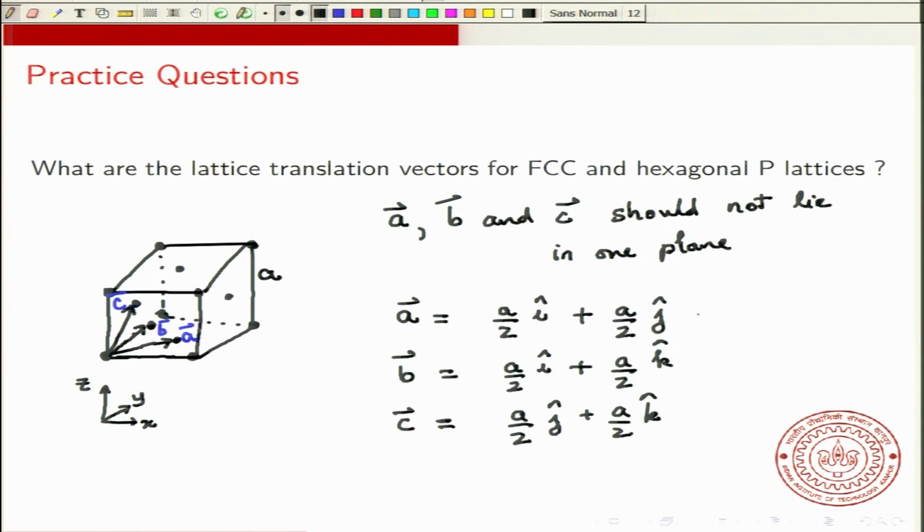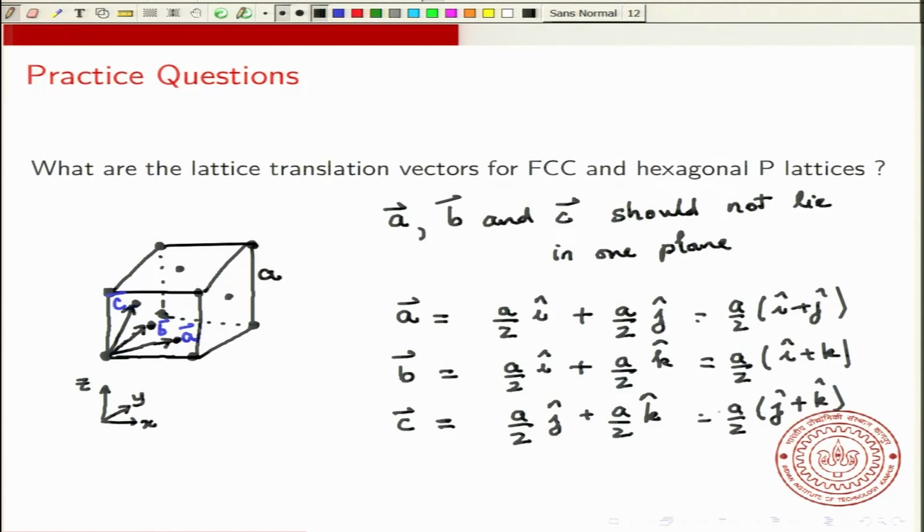So I can write this as a/2 (i + j), a/2 (i + k), and a/2 (j + k). You are not bound to take this choice. You can take other choices, because you just have to take 3 vectors that do not lie in a plane, and they can be lattice translation vectors. So this is for the FCC lattice.